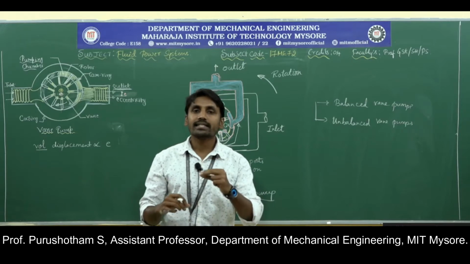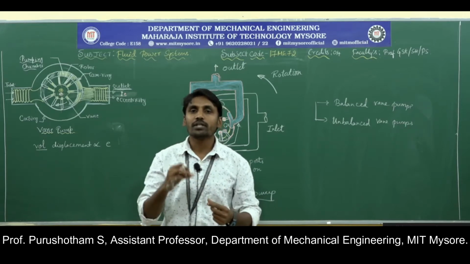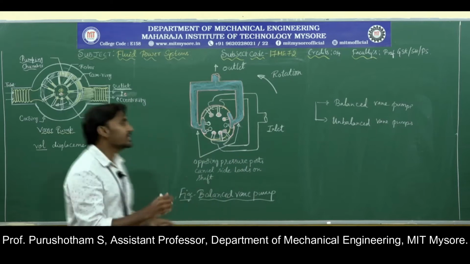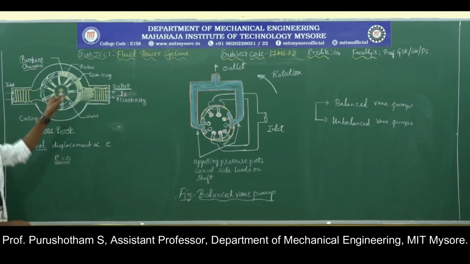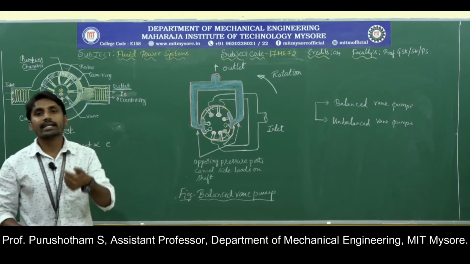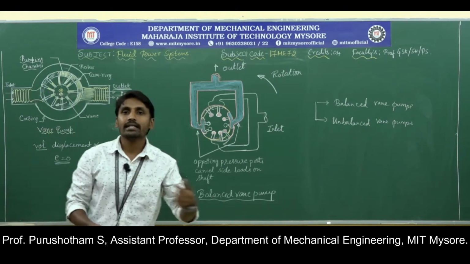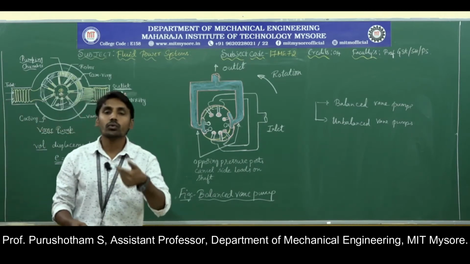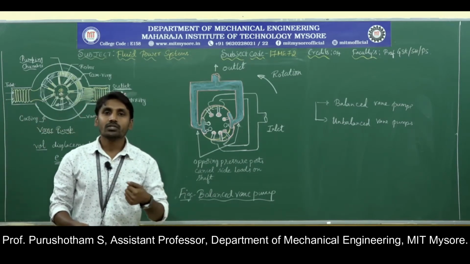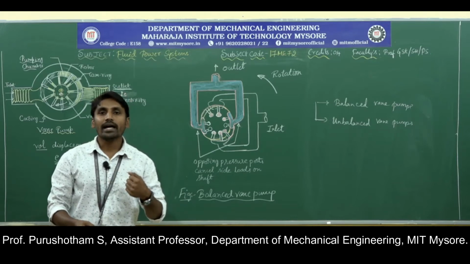If you reduce the eccentricity, the volumetric displacement will be less. If the eccentricity is 0, that means the rotor and the cam ring become concentric, and there is no flow of fluid into the pump. So there is no pumping action.